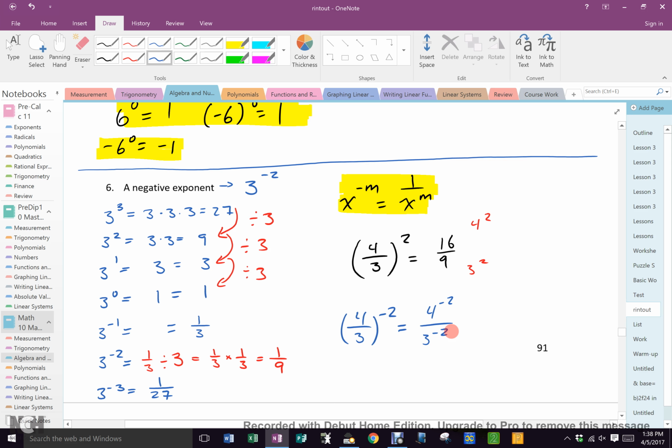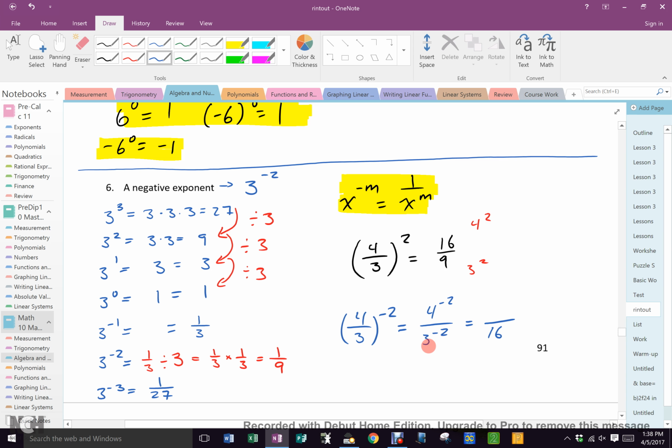Does that make any sense? Can I have negative exponents? Ever? No. What happened here? Where did the x have to go? To the denominator. So where does this 4 have to go? To the denominator. 16. Cool? Here's the denominator.